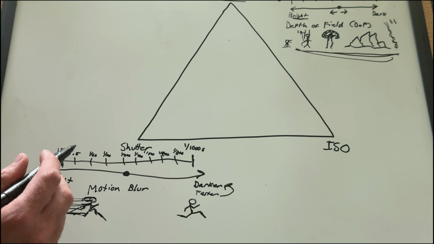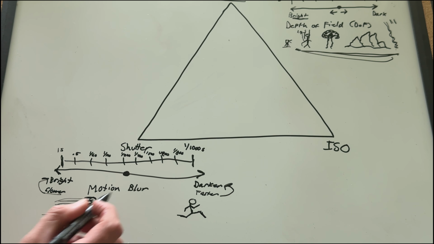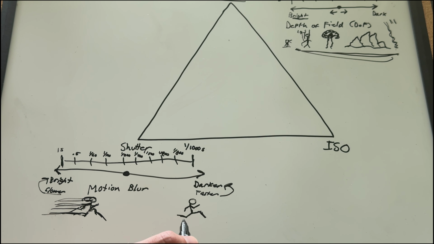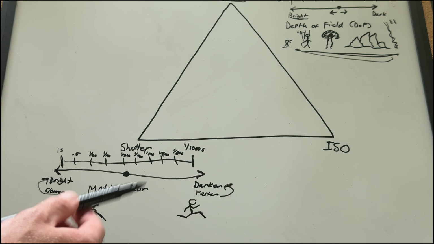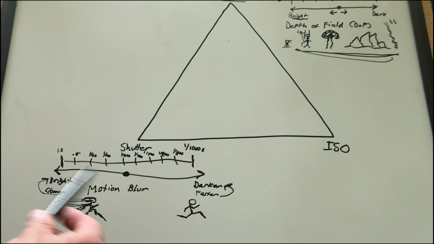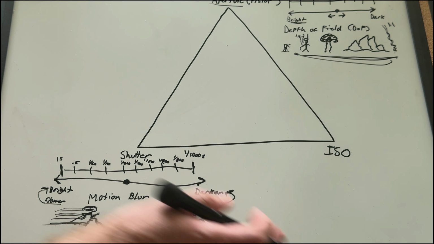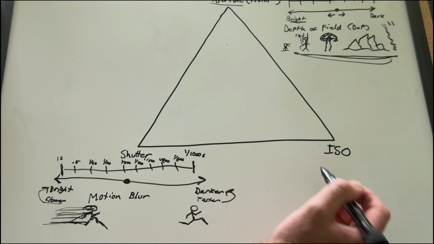A slower shutter equals more motion blur, and a faster shutter is less motion blur, or if it's fast enough, which most cameras will go far past 1/1000th of a second, no motion blur at all. So, balancing these two things can also affect your image. It affects your exposure, just like aperture does, but it also affects motion blur. It's got two effects. Now we come to the third part of the exposure triangle, which is ISO.